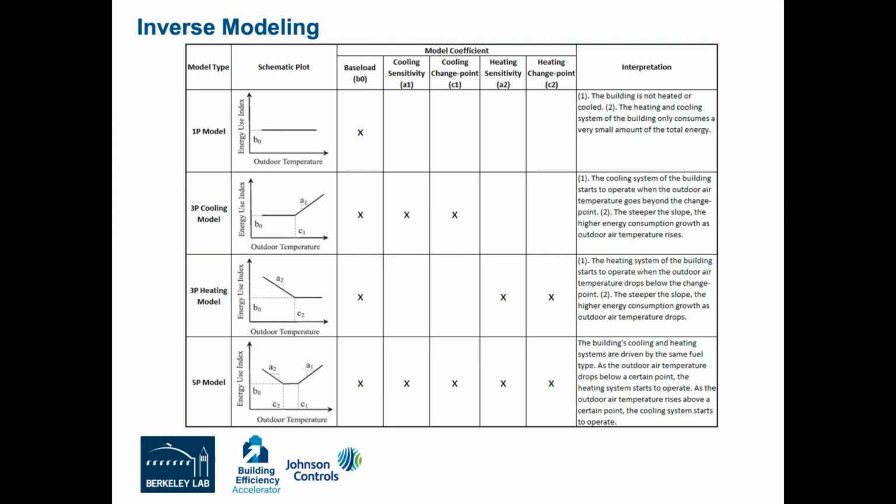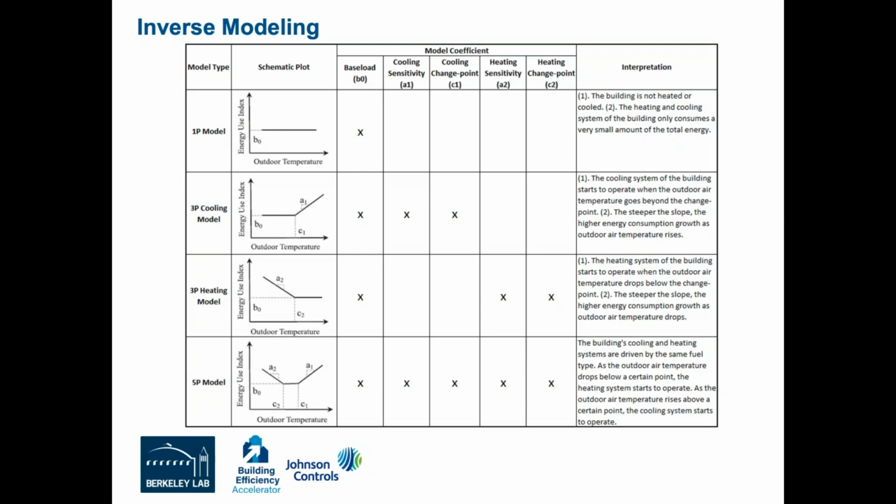The steeper the slope, the higher the energy consumption growth as outdoor air temperatures rise. A very steep slope might indicate that a building could benefit from some energy efficiency improvement measures related to a more efficient HVAC system, changes in building envelope, etc. So those are just a couple of examples.